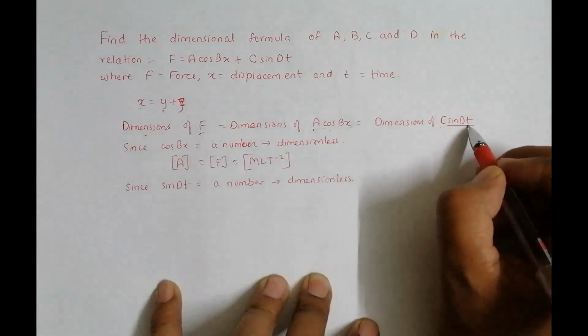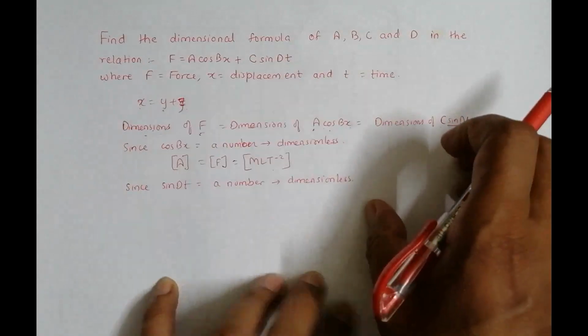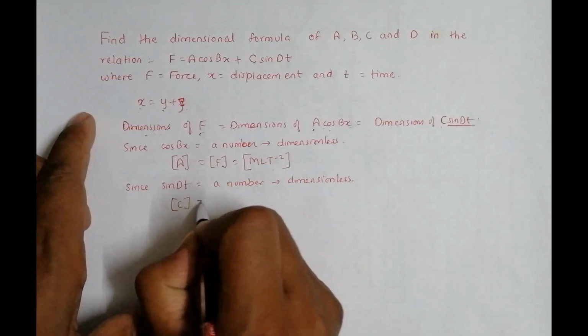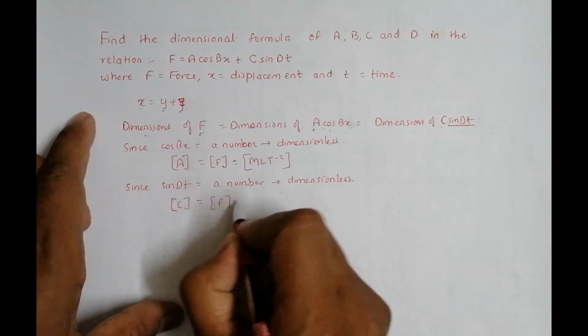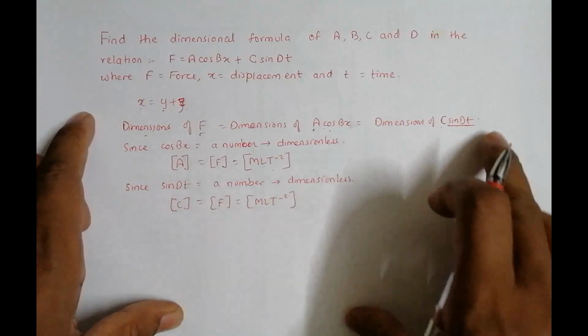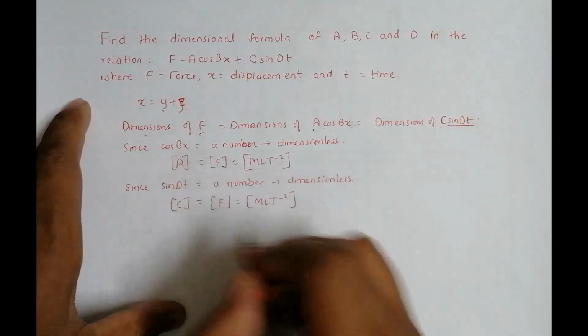So the dimensions of C should be the same as the dimensions of F. That means C should be equal to the dimensions of F, and this is equal to MLT minus 2. Now, 2 have been found.